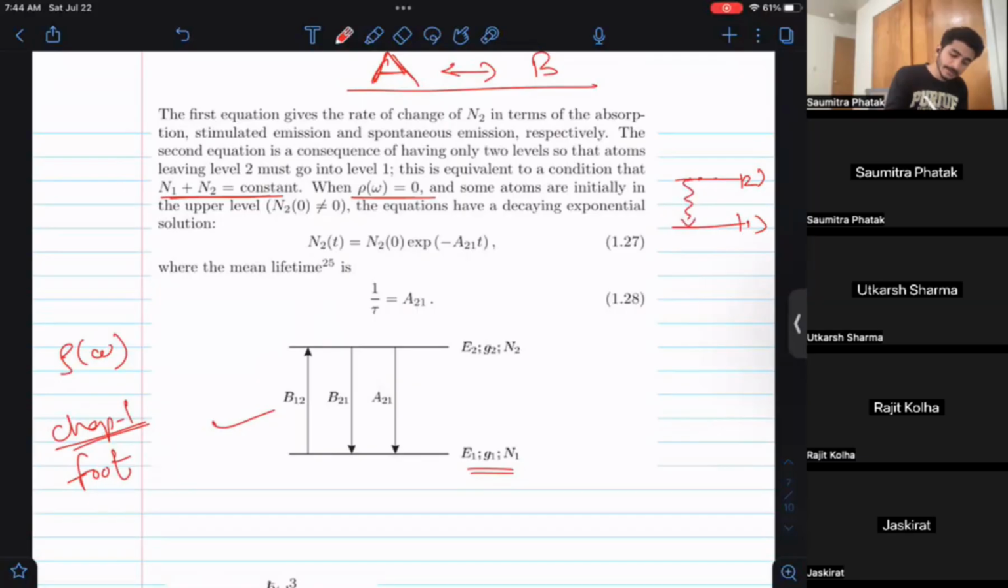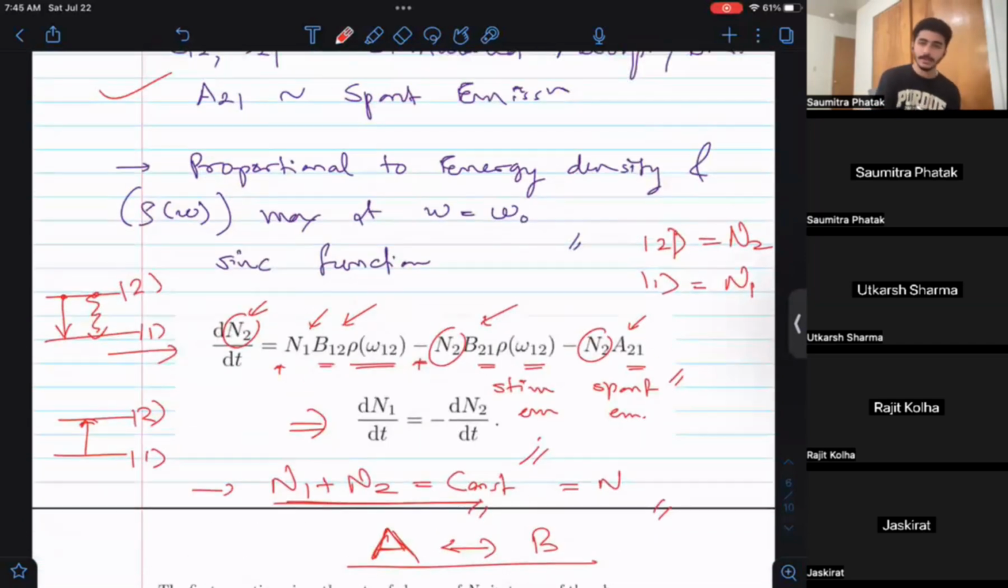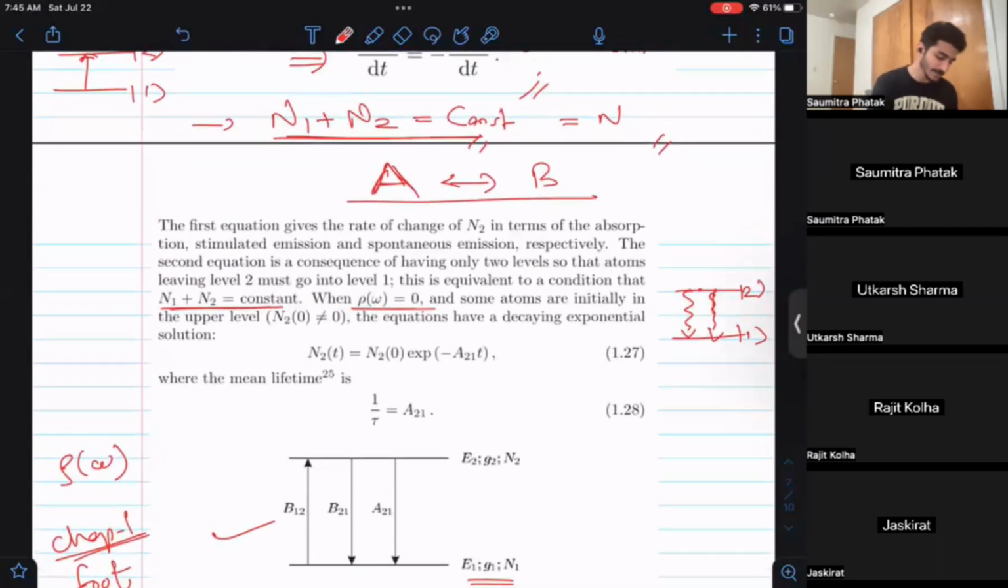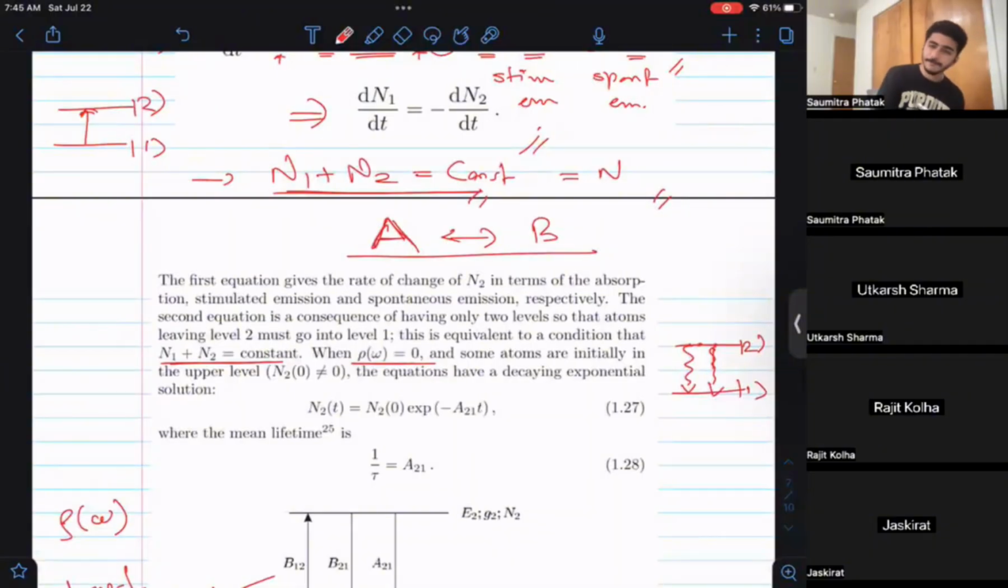Because this is unstable. So this population has to come down by spontaneous emission. And the rate of spontaneous emission you can get directly from this expression by substituting that rho of omega is zero, which basically means you have no laser incident on the system.